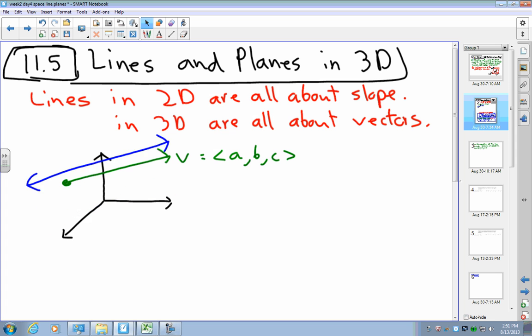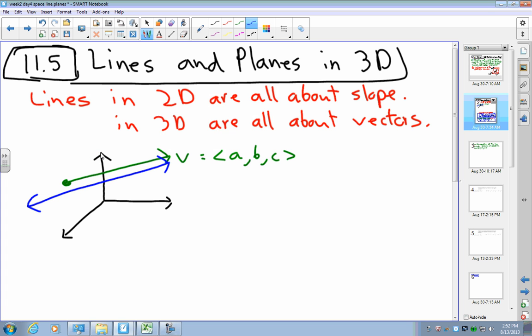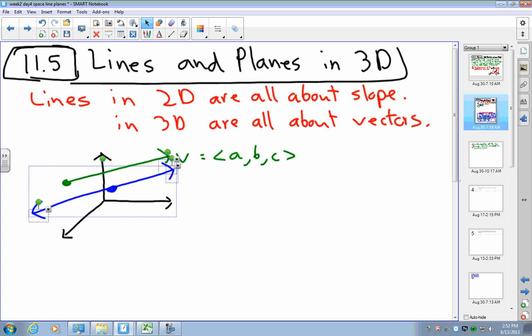Everything about the line is going to be parallel to a specific vector. So that blue guy is going to be parallel to the green guy. And the one extra thing that you need is, where am I going to put that guy? It all depends on a specific point. So if I have a point and a vector, I can put my line through that point and make it parallel to the vector, and there we go.